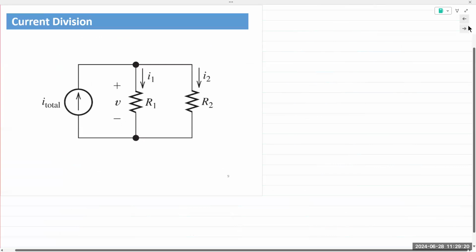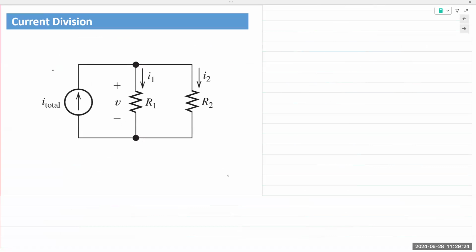Current division is also exactly the same as voltage division. When you have a current in a circuit, in this case, again, we're just using an example of a source, it gets divided into two, I1 and I2. From KCL, of course, we know that I total is equal to I1 plus I2.